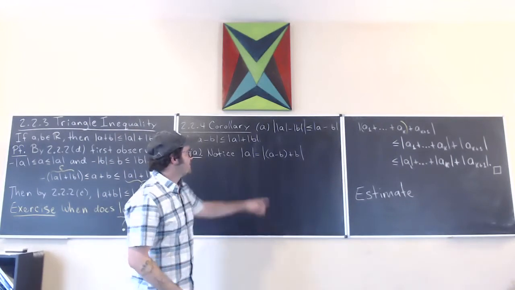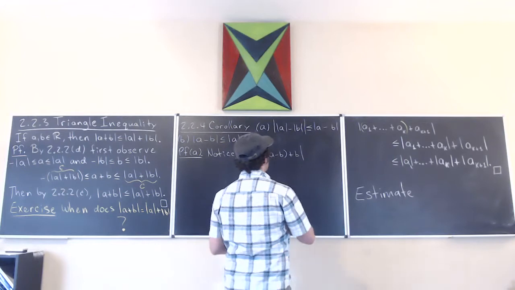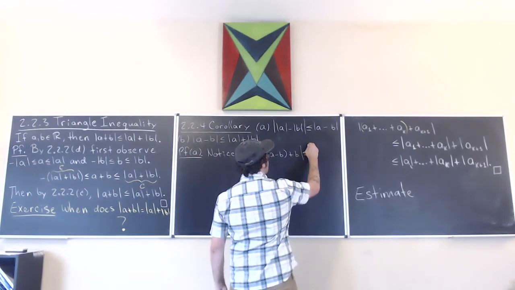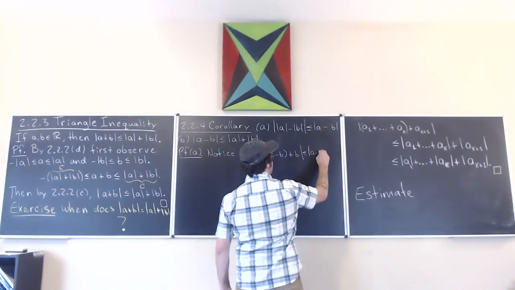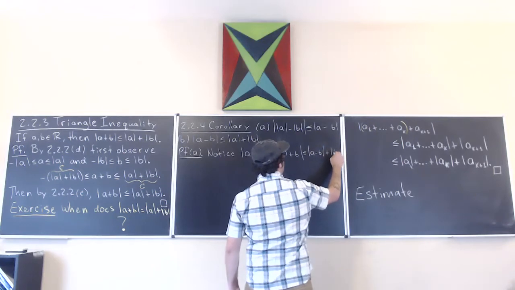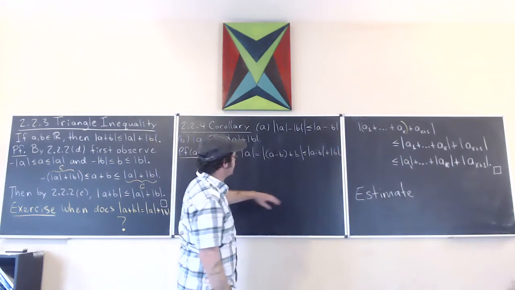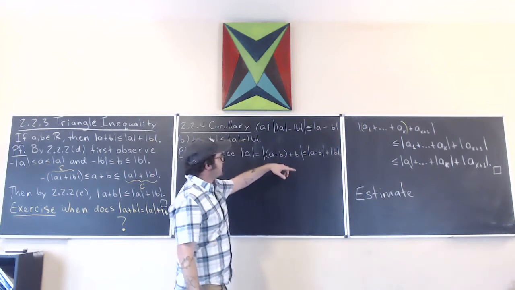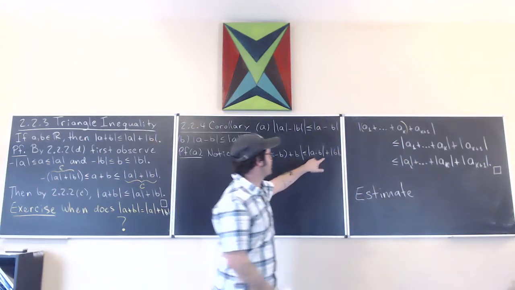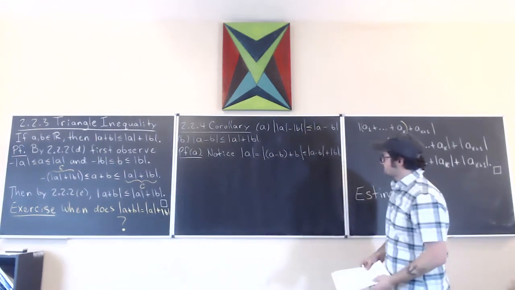But then by the triangle inequality, this is at most the absolute value of A minus B plus the absolute value of B. So the triangle inequality implies that the absolute value of the sum is at most the sum of these absolute values.